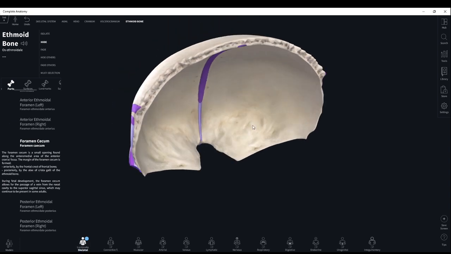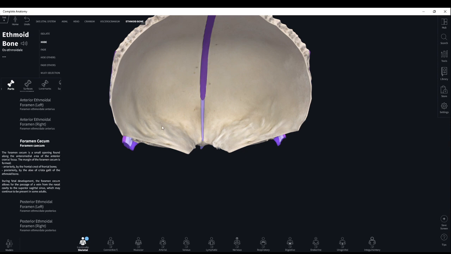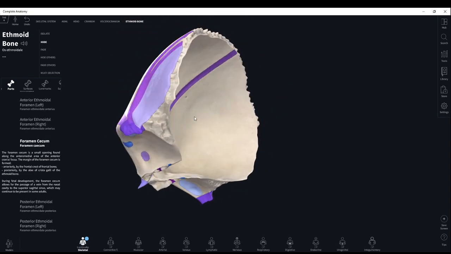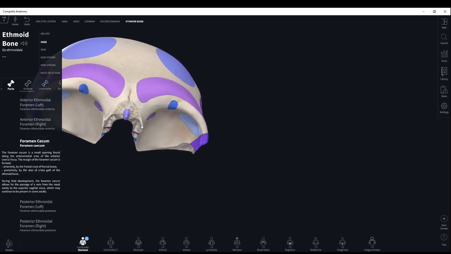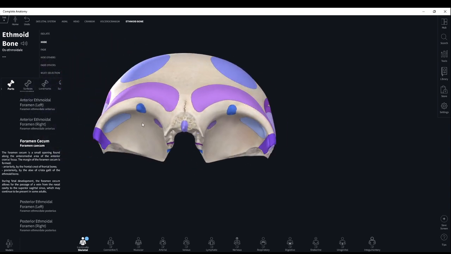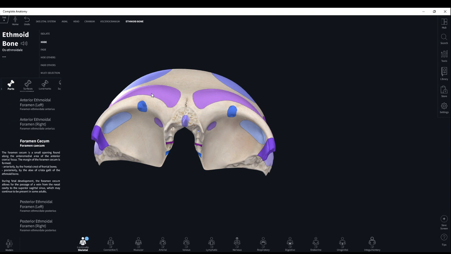Also on the orbital part, you can see the rough impressions, called impressiones digitatae, impressions of the fingers.